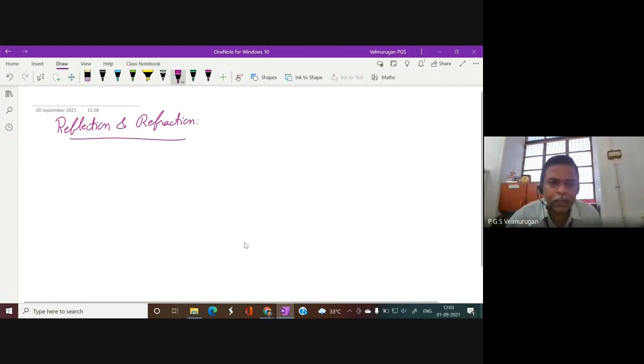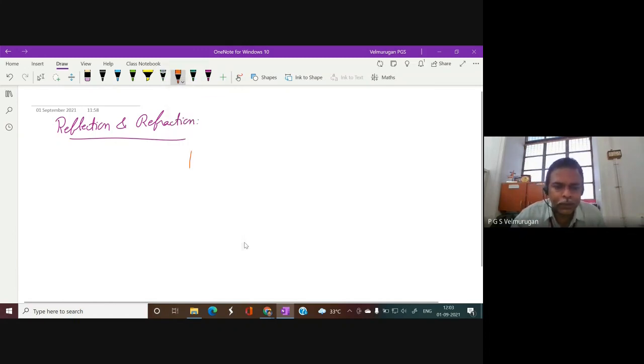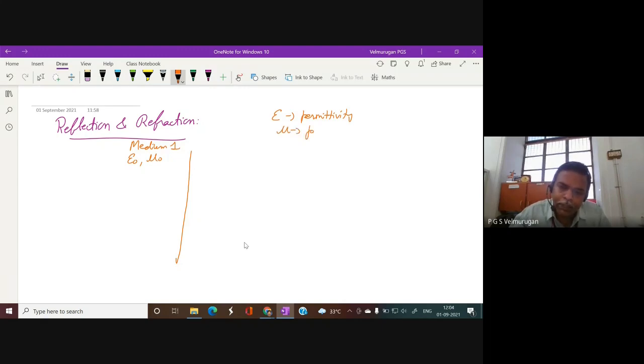So for example, if I take two media, this is my medium 1, in which the permittivity and permeability, okay, so this epsilon is nothing but what we call permittivity, right? And mu is nothing but permeability.